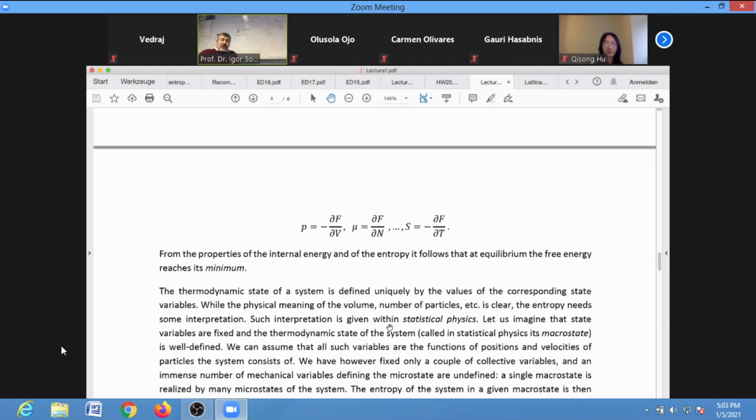And this I will use because we will typically work with isothermal systems, with a given temperature. And then if I would like to know what state the system acquires in equilibrium, what are the values of the state variables of this system in equilibrium, I will put down the free energy as a function of parameters and minimize it with respect to parameters.